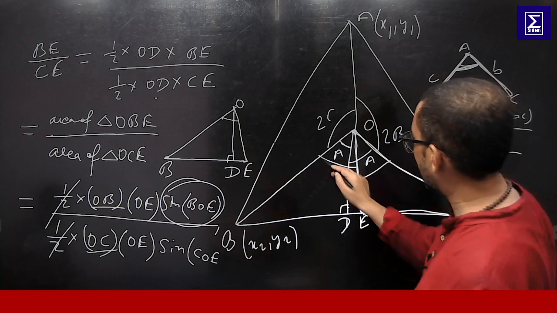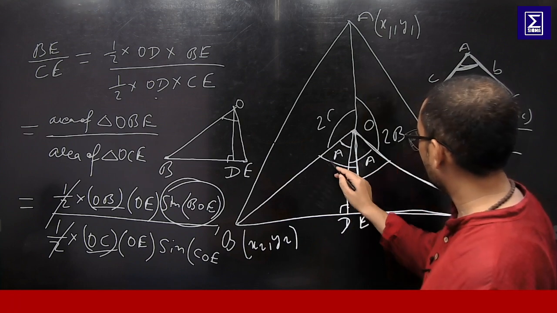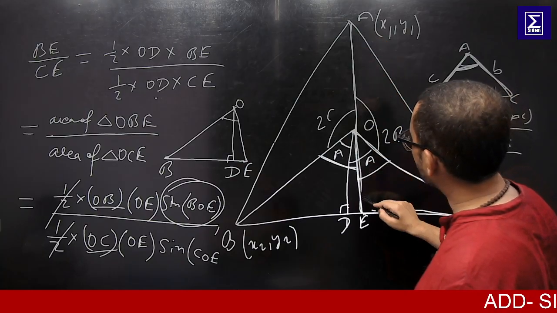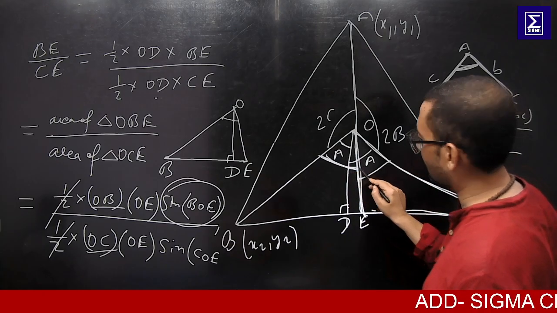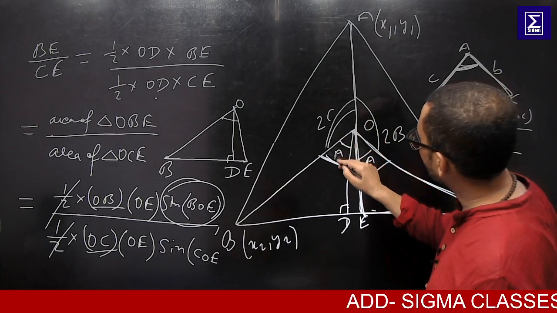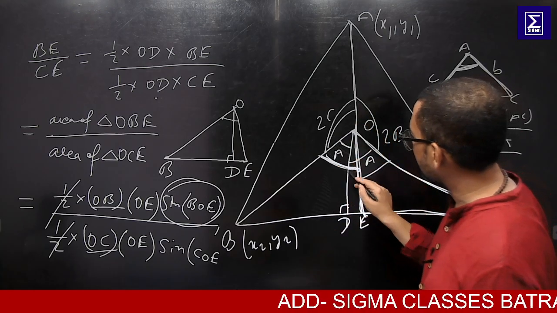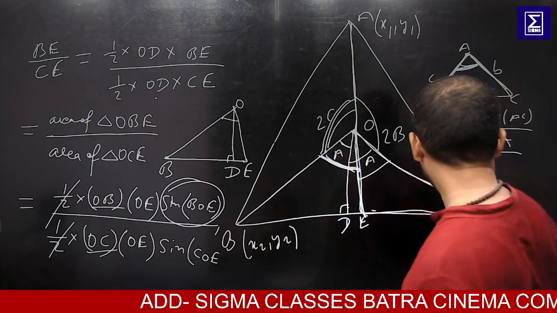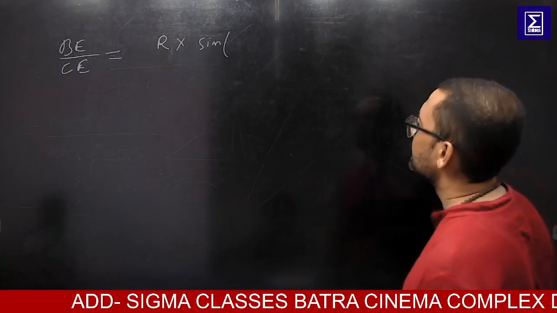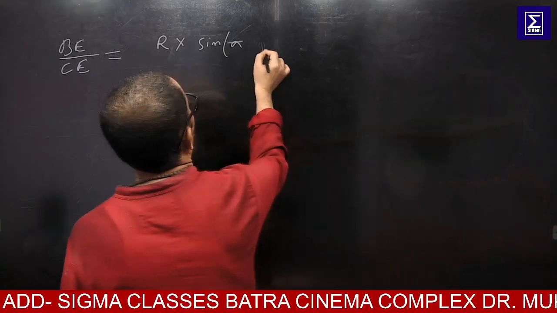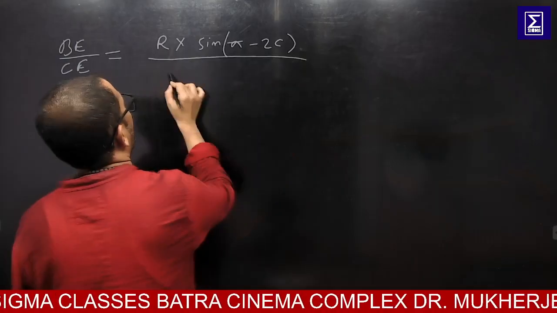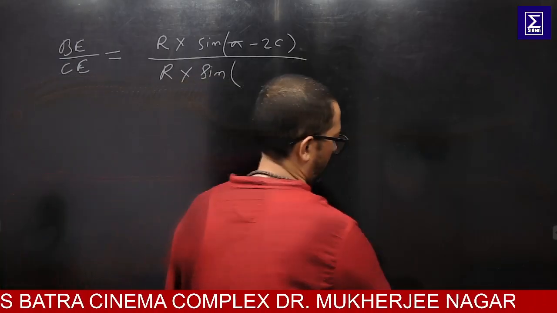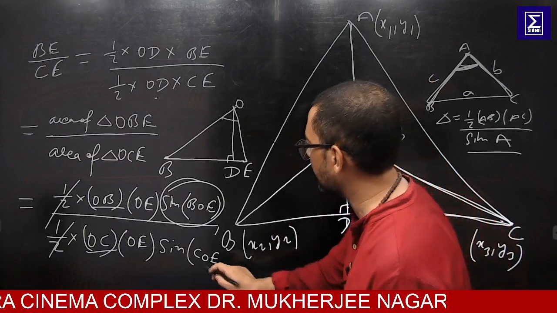If you see this angle BOE, this is the straight line, and this angle you have to find. This already you know is 2C, and this one is pi minus 2C. So it would be pi minus 2C upon R times sine of angle COE.